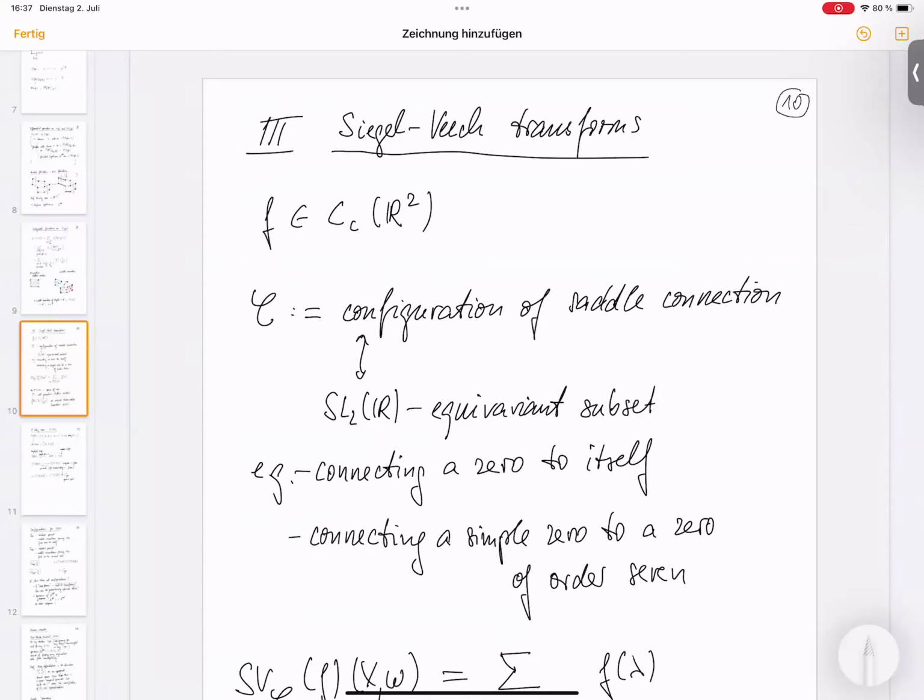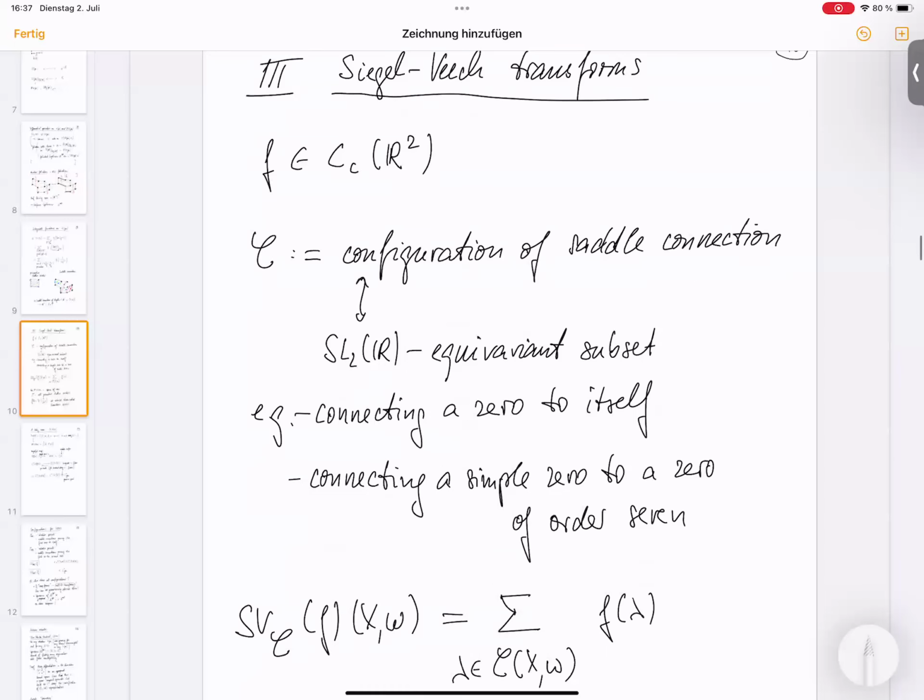So what we do is we take a compactly supported function. You could do better, but compactly supported in R2 is the easiest thing to ensure convergence. And then we take what is called a configuration of saddle connections. You could think of a configuration meaning just plain all saddle connections. That works.